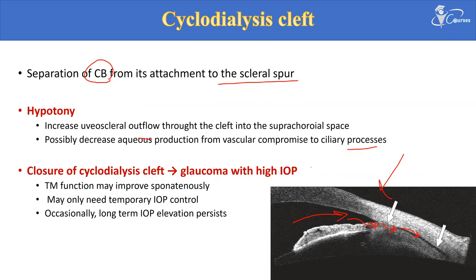This may be due to abnormal function of the trabecular meshwork. Usually this can be temporary, a temporary rise of intraocular pressure after closure of the cleft. So we need only temporary intraocular pressure control, and on other occasions it may persist.